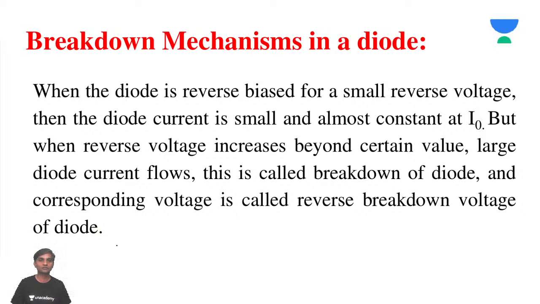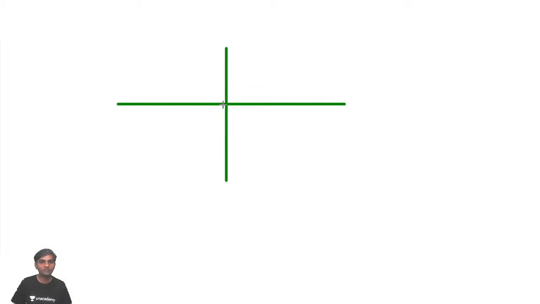So what it is trying to say is, a very small current is flowing, and we call this I naught, the reverse saturation current. Till some point it is okay.